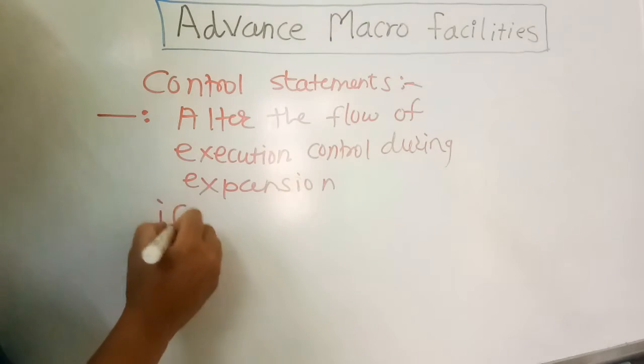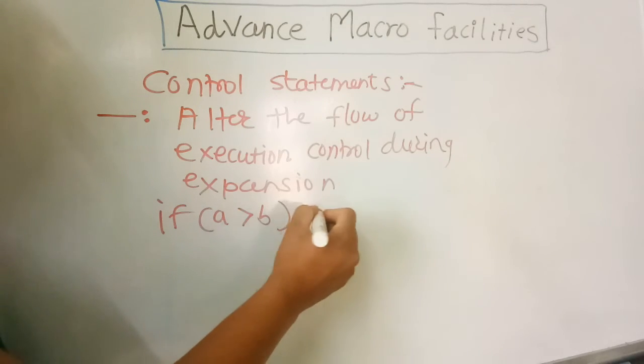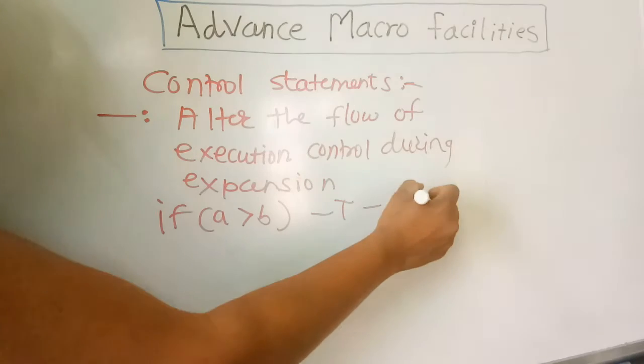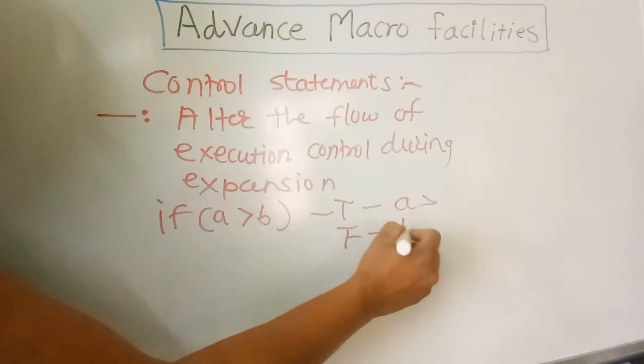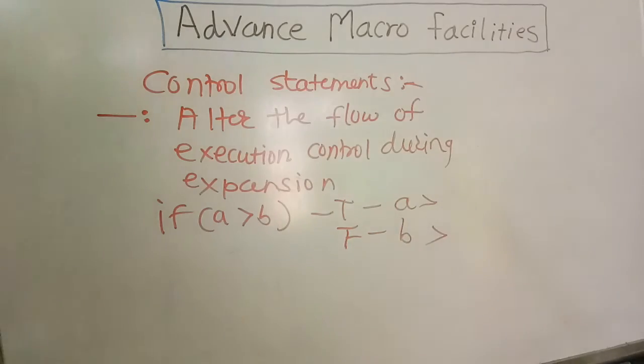For example, if A is greater than B, then if the condition is true, A will be displayed, otherwise B will be displayed as the greater.